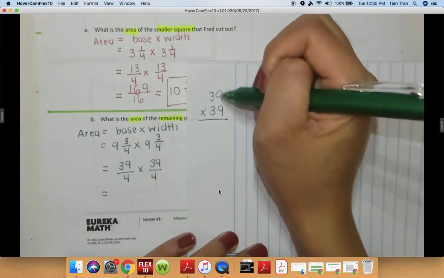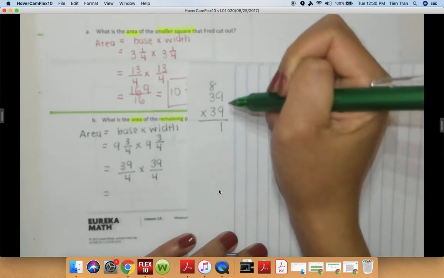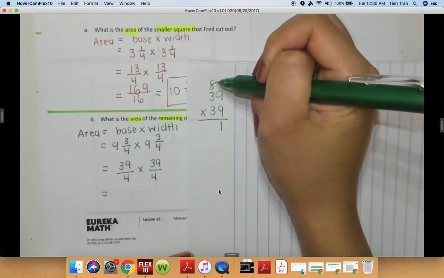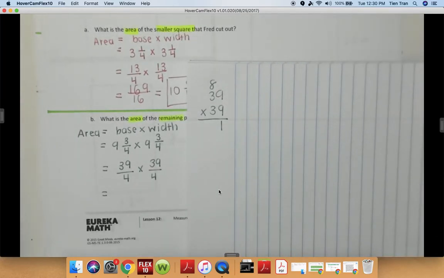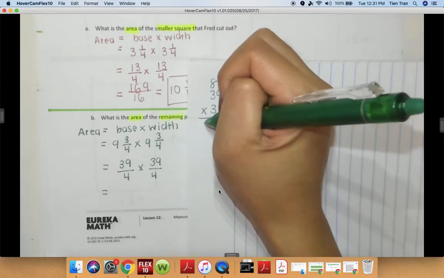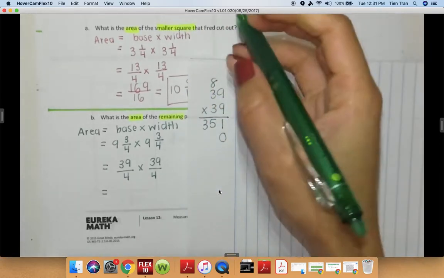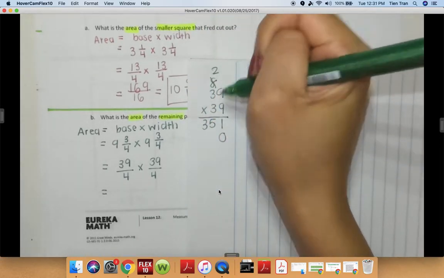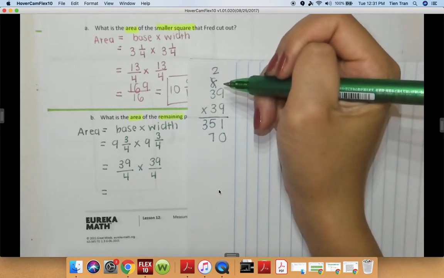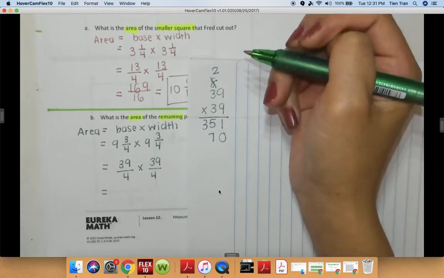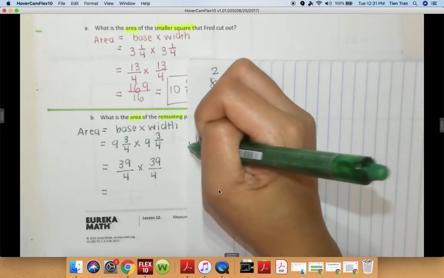So 9 times 9 is 81, 9 times 3 is 27, 27 plus 8, 35. I have to think about that. Bring down my 0. 3 times 9 is 27. 3 times 3 is 9, plus 2 is 11.